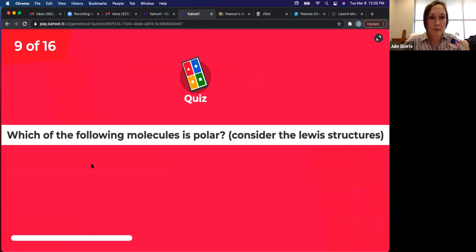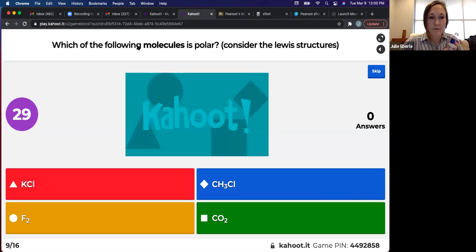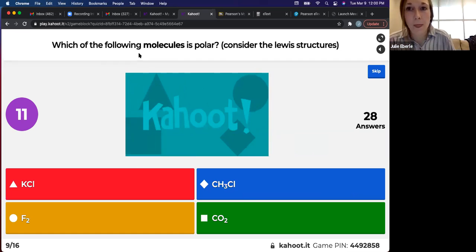Making comebacks. Which of the following molecules is polar? Consider the Lewis structure. If you want to draw the Lewis structures out, go for it, but if you can imagine them, one of them is polar.